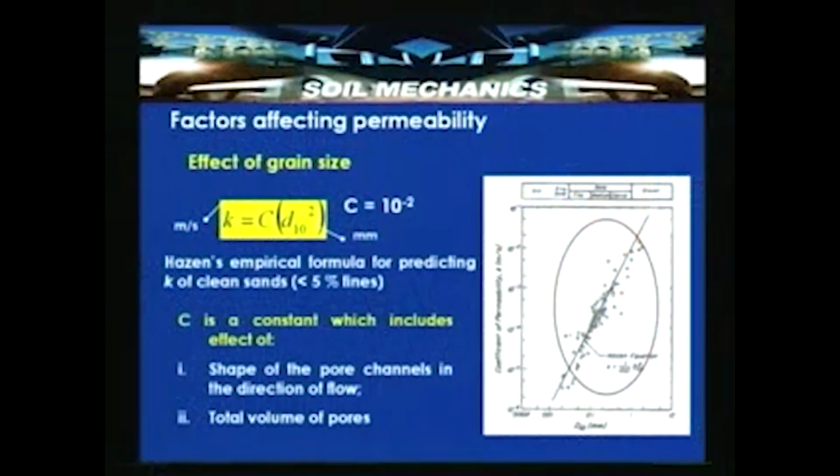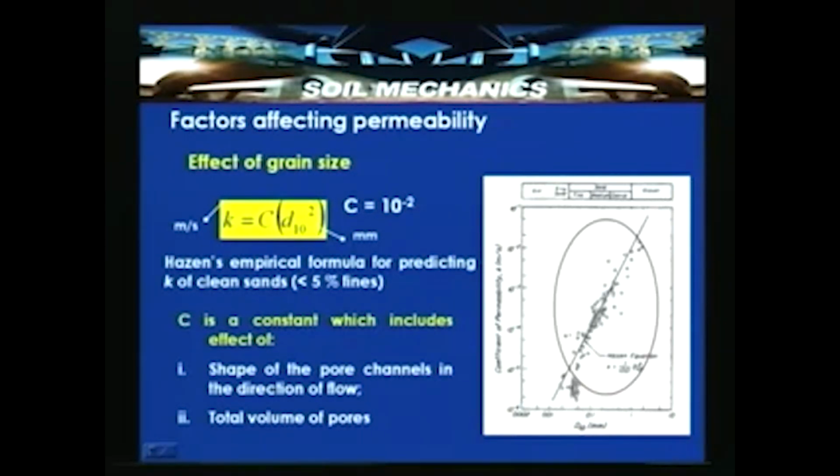Hazen proposed a correlation based on permeability values determined with sands or soils having different effective particle sizes. In the graph shown here, D10 is plotted on a logarithmic scale, and the coefficient of permeability k in meter per second is plotted on the y axis. Different soils like silt and silty sand, sand with fine, medium and coarse, and gravel are selected.